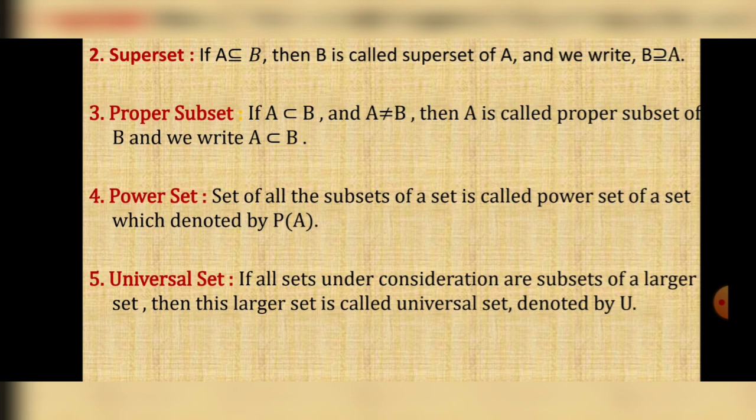If you consider natural numbers as a universal set, then we can write their subsets here: the prime numbers, positive even numbers, positive odd numbers. These are all subsets of this universal set. So the larger set we call a universal set. It depends on the given term here, so universal sets are not fixed.